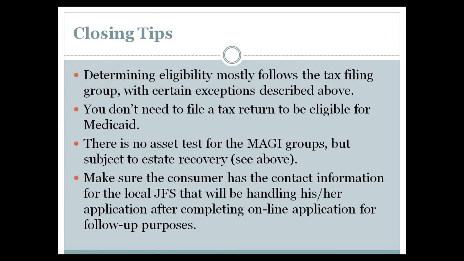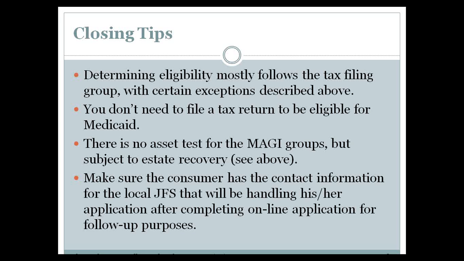Okay. Just for some closing tips, you want to determine eligibility, mostly following the tax filing group, with certain exceptions, and we described those above. You don't need to file a tax return to be eligible for Medicaid.